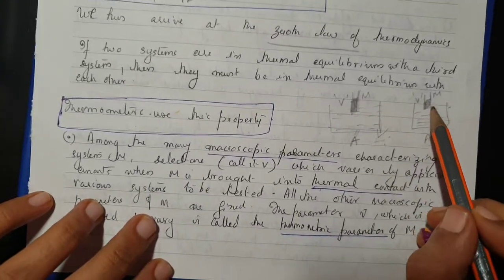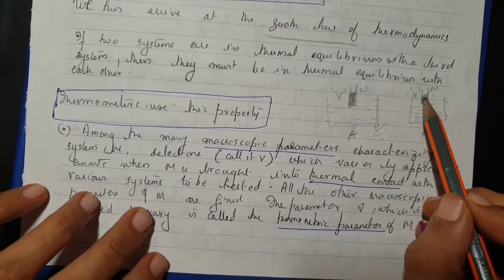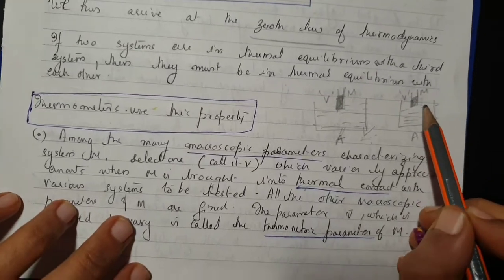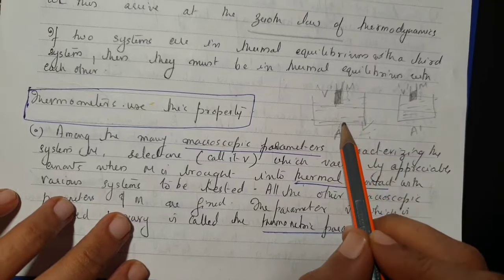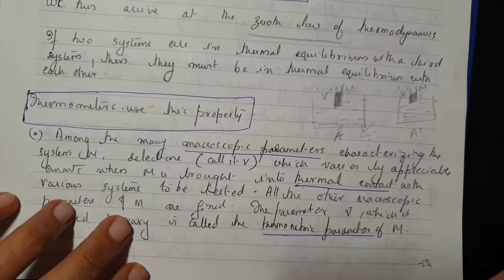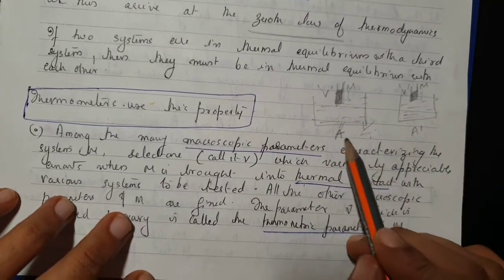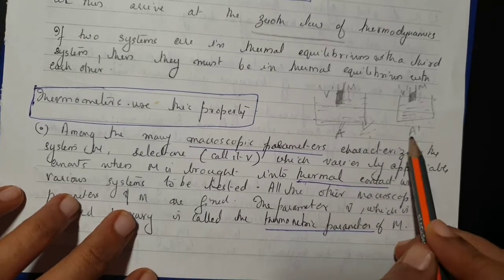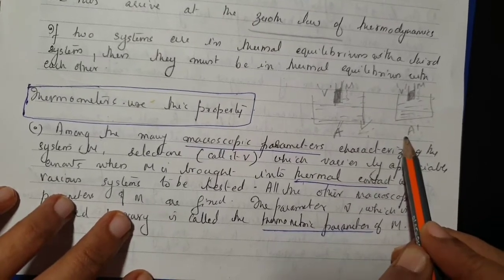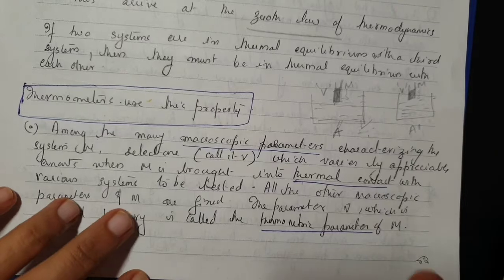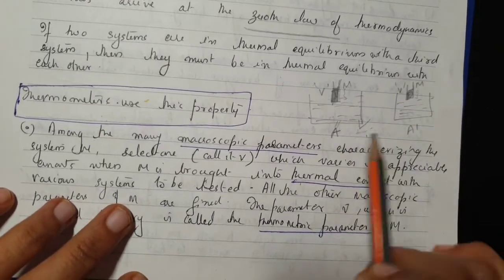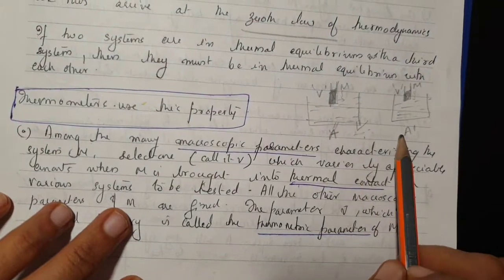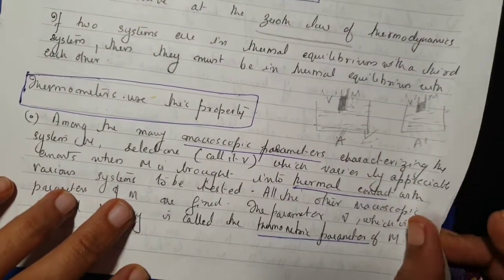So if, let's say V is the volume, the change in volume is the same when I bring it in contact with A dash as when I bring it in contact with A, that means system A and system A dash are at the same, like I can say right now, temperature, or I can say they both are in equilibrium. A and A dash are in thermal equilibrium, you can mention it like that.